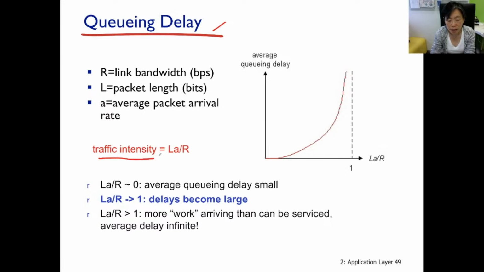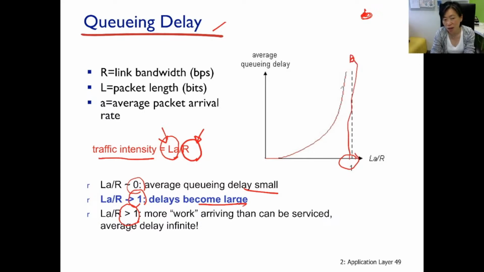It's very case dependent, and the determining factor is the utilization, which we called back then, when we were talking about internet delay, the traffic intensity. So this is the amount of input, and this is the output capacity. You see, utilization again. When this is very small, queuing delay is also very small. But as it approaches 1, delay becomes large. When it exceeds 1, delay is actually approaching infinity up here. All right? So close to 1, close to 100%, delay is just very long.